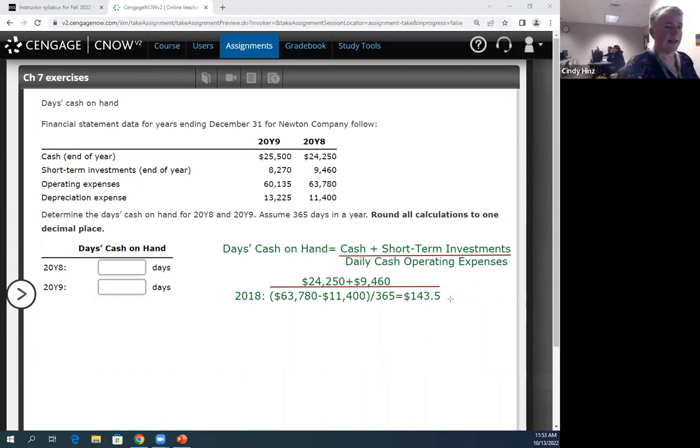And so when I divide the 24,250 plus 9,460 by $143.50, I got 234.9 days, almost 235 days worth of cash and short-term investments on hand. That seems like a pretty good number. I do not have for you an exact number that's good enough, that rule of thumb that we talked about.